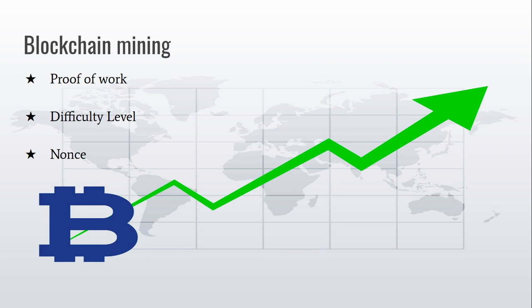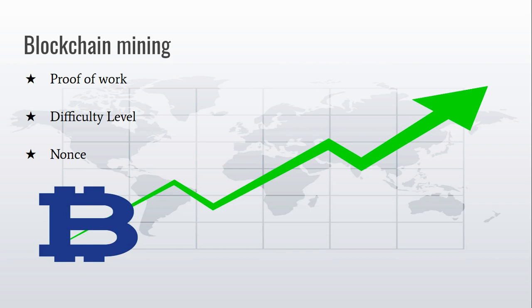It is the number of zeros we want as leading characters in the hash. So we will add a new value, nonce, in the block with initial value 0. While computing the hash, we will keep increasing this nonce value by 1 until the hash leading characters match the difficulty level. So this is all about blockchain mining.